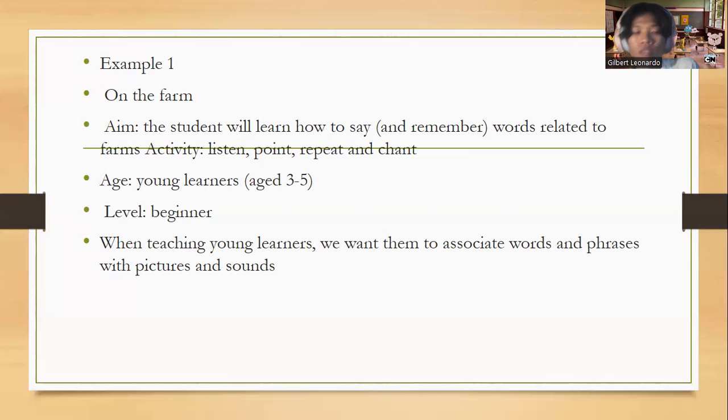And keep in mind, when teaching young learners, we want them to associate words and phrases with pictures and sound. Why?